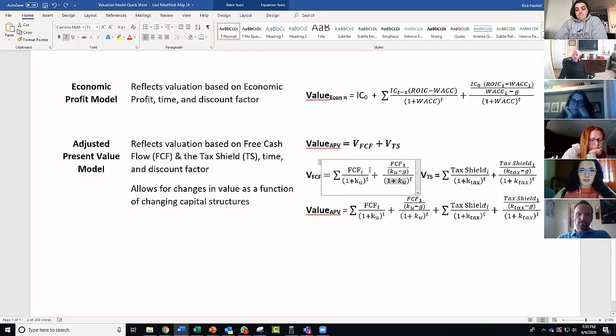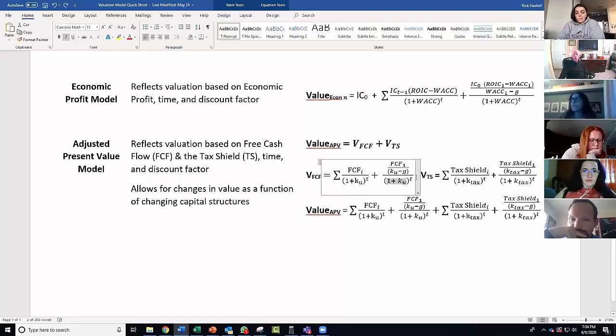So we have the value of the free cash flow, FCF, discounted at KU, plus the value of the tax shield, discounted at K-tax. You won't be required to calculate KU or K-tax. They'll somehow be given to you.